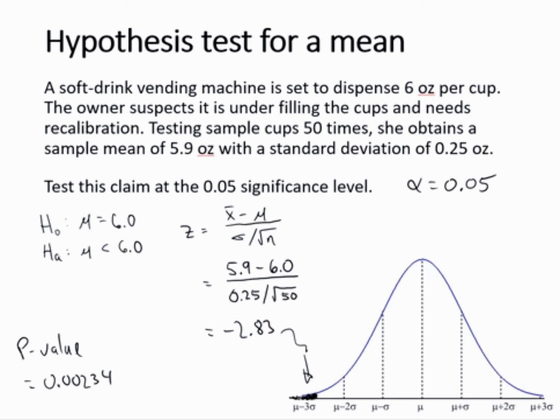Our p-value is less than alpha, 0.002 is less than 0.05, and based on that, our conclusion is that we reject the null hypothesis. So we always conclude a test by deciding whether we reject or do not reject. Okay, so because we reject the null hypothesis, we could say that we do have evidence to substantiate the claim that the mean is in fact less than 6 ounces.